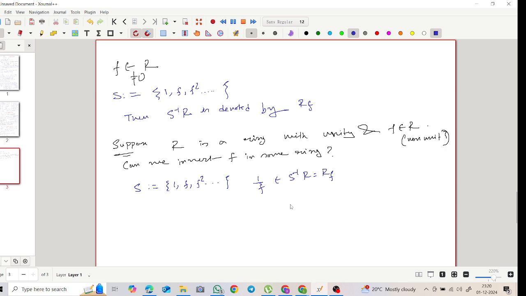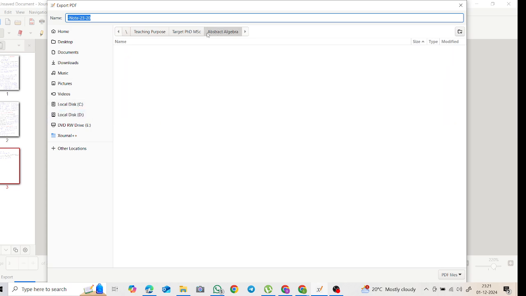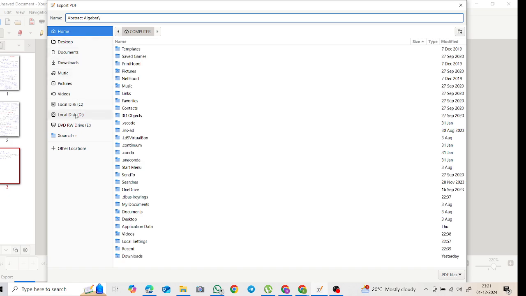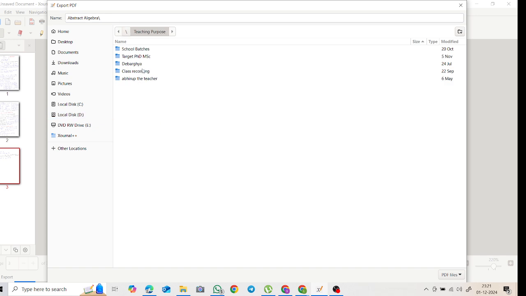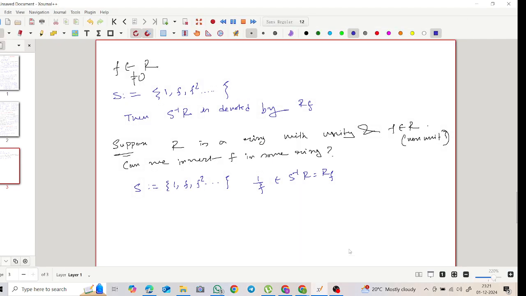Now, we can also write Rf to be this R[1 by f].